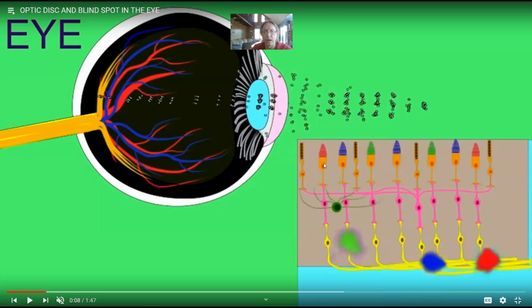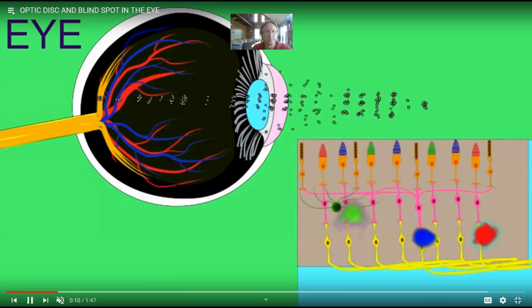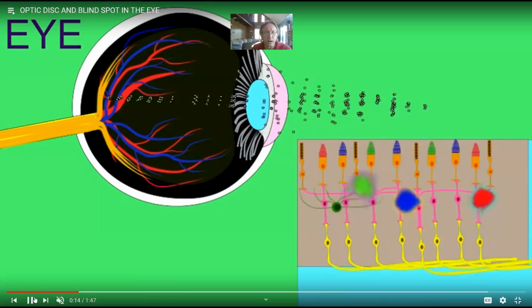And then if the rods and cones were here, facing here with their outer segments, then the axons, et cetera, could then project this way towards the brain. But that's not the way that the eye is built. So when light hits the retina, it doesn't hit the part where the rods and the cones are. It has to filter through a number of layers with other cell types before it hits the rods and the cones.